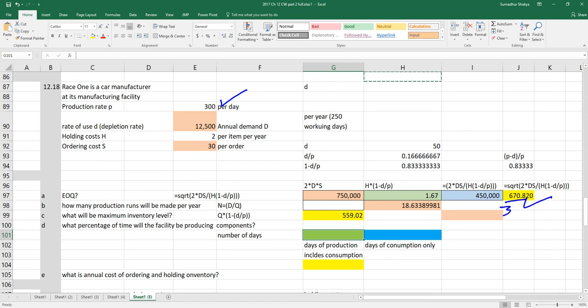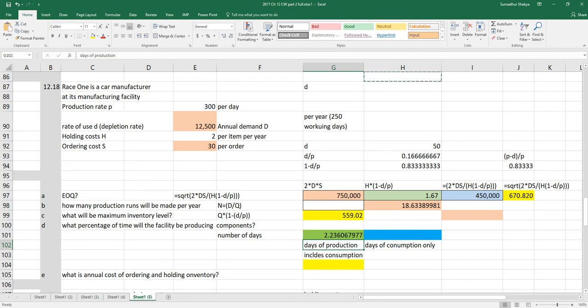It's 670 divided by 300. That gives you the number of days it takes them to produce at the rate of 300 units a day: 2.23 days to get to the maximum level of inventory of 559, while 50 units are consumed a day.